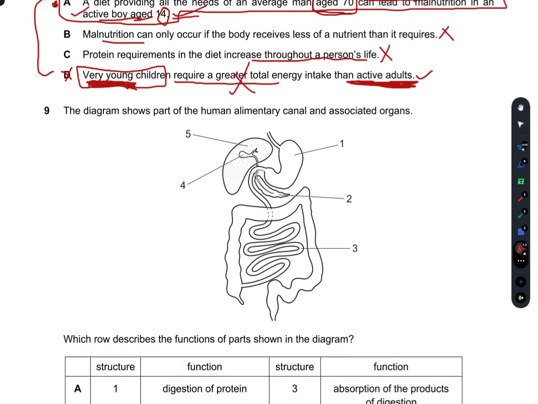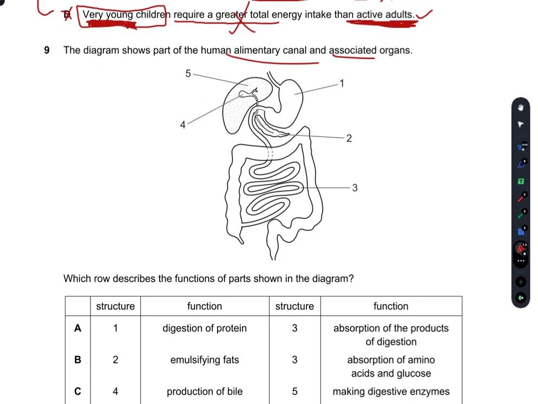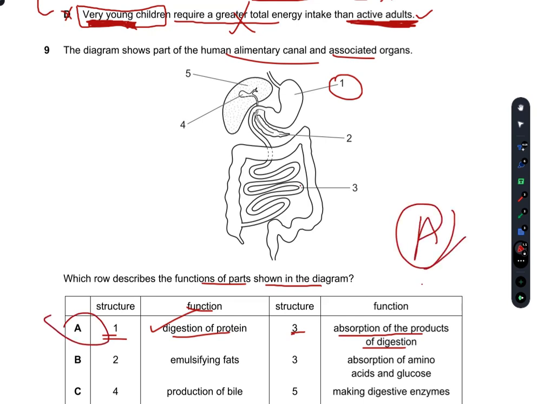The diagram shows part of the human alimentary canal and associated organs. Which option describes the functions of the parts shown in the diagram? One is the stomach. One function is the digestion of protein. Yes. Three is the small intestine. The function of three is absorption of the products of digestion. Yes, A is the right answer.